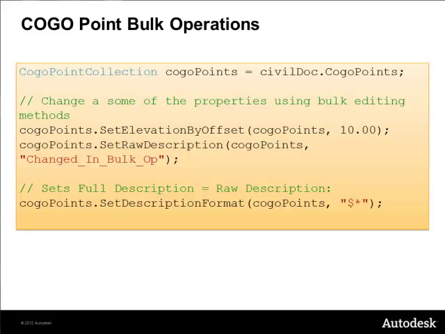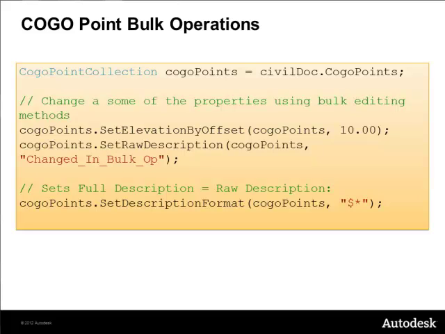If you take a closer look into the Cogo Point collection methods, you will see there are several set methods that allow setting properties of the Cogo Point objects contained in the collection. These methods usually have overloads like object ID, value.